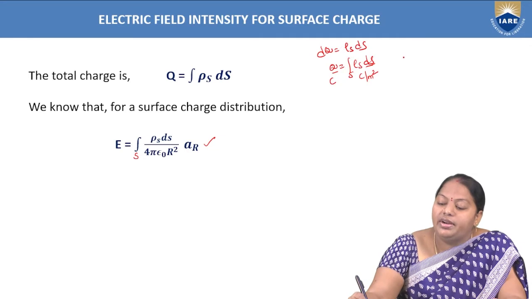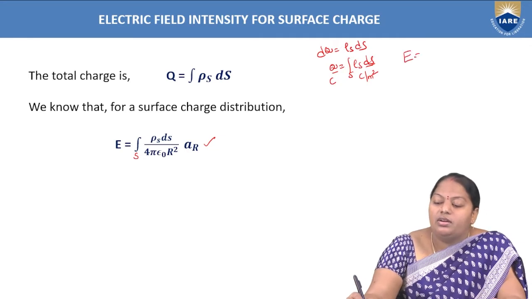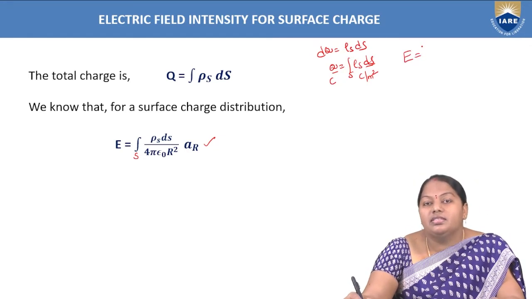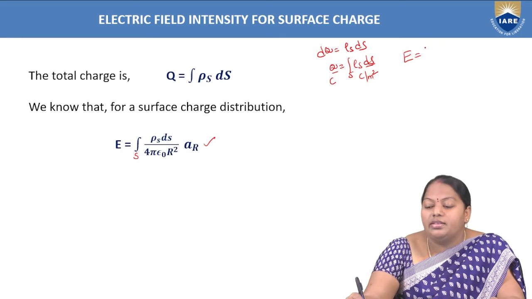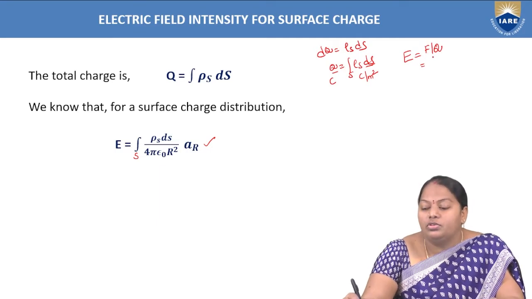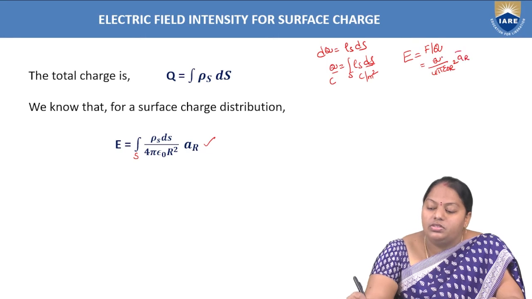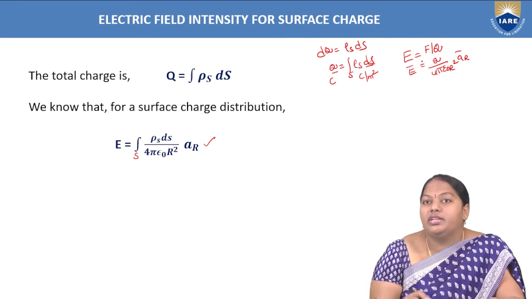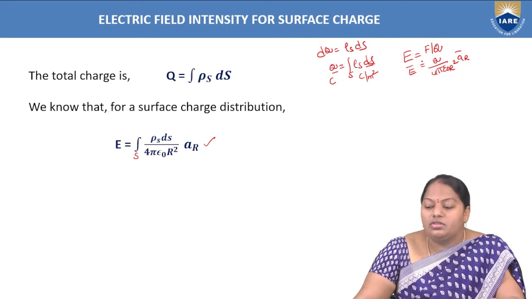As we know, according to the definition, electric field intensity is defined as force per unit charge. So if you substitute in place of F the Coulomb force, and the charges get cancelled, then the equation becomes Q by 4 pi epsilon naught R square into AR, which is the general equation for the electric field intensity due to a particular charge, right?